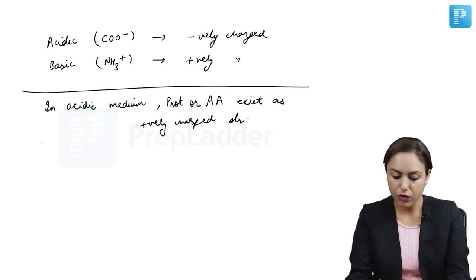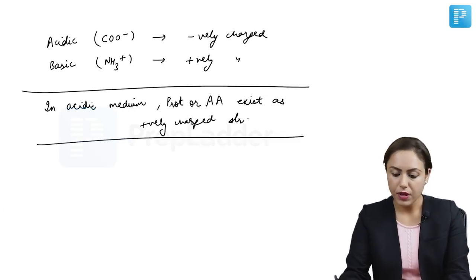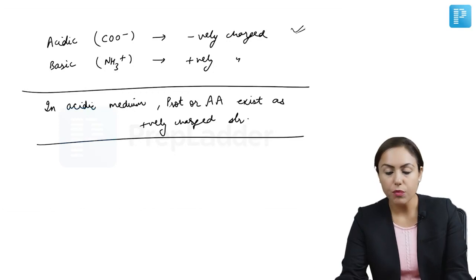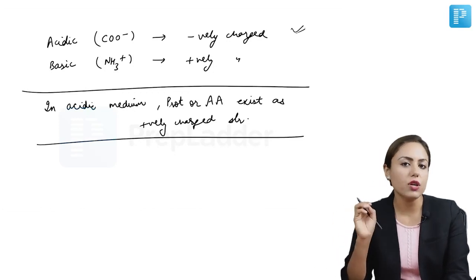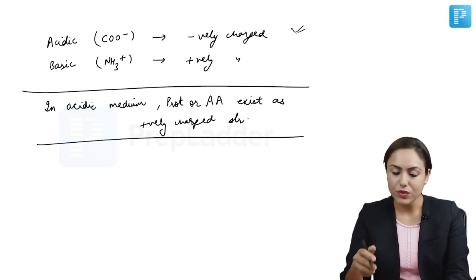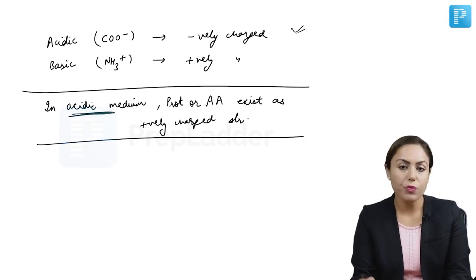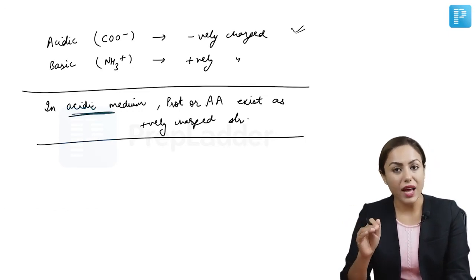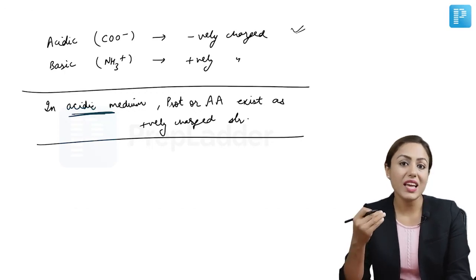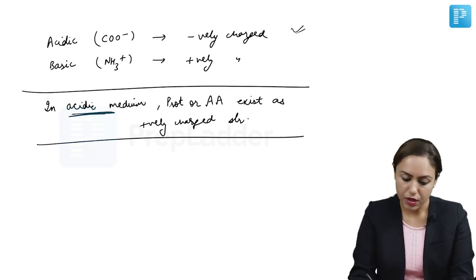Okay, so be careful. This is a different line I have written. First, I have written that acidic amino acids have a negative charge on them. But now I am saying that the medium in which the amino acid is present, if that medium is acidic, then the amino acid or protein will exist as a positively charged structure, right?